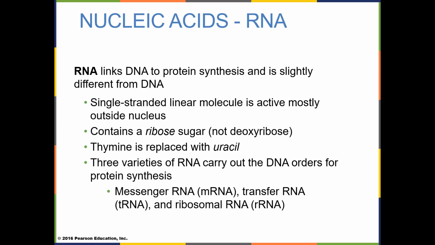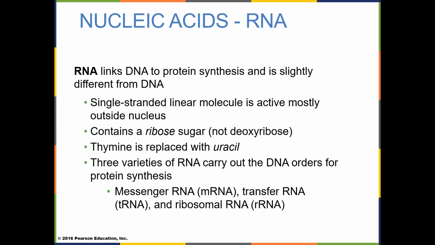There are 3 types of RNA, and RNA does all of its work outside the nucleus. Now, the DNA never leaves the nucleus. The DNA always stays in the nucleus and lets the RNA do its work. So the DNA is the control center and sends its instructions out using RNA. And there are 3 types of RNA.